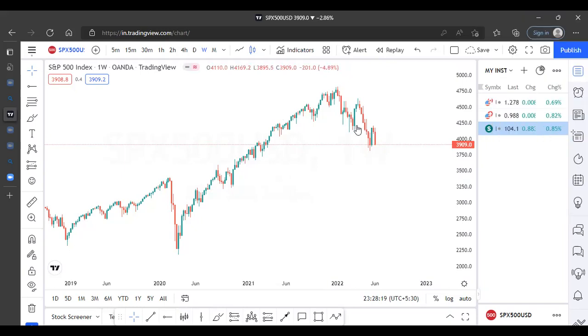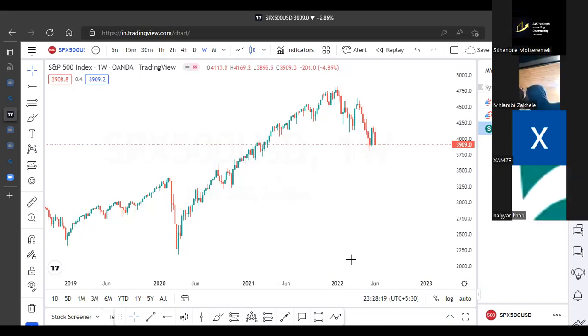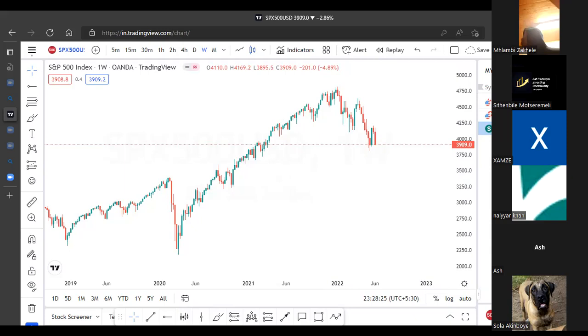I suggest EUR/USD, GBP/USD, and the last one is gold. If gold is dropping, then EUR/USD is also dropping, GBP/USD is also dropping. USD/JPY, USD/CAD, and USD/CHF: if they are buying, they all buy together.